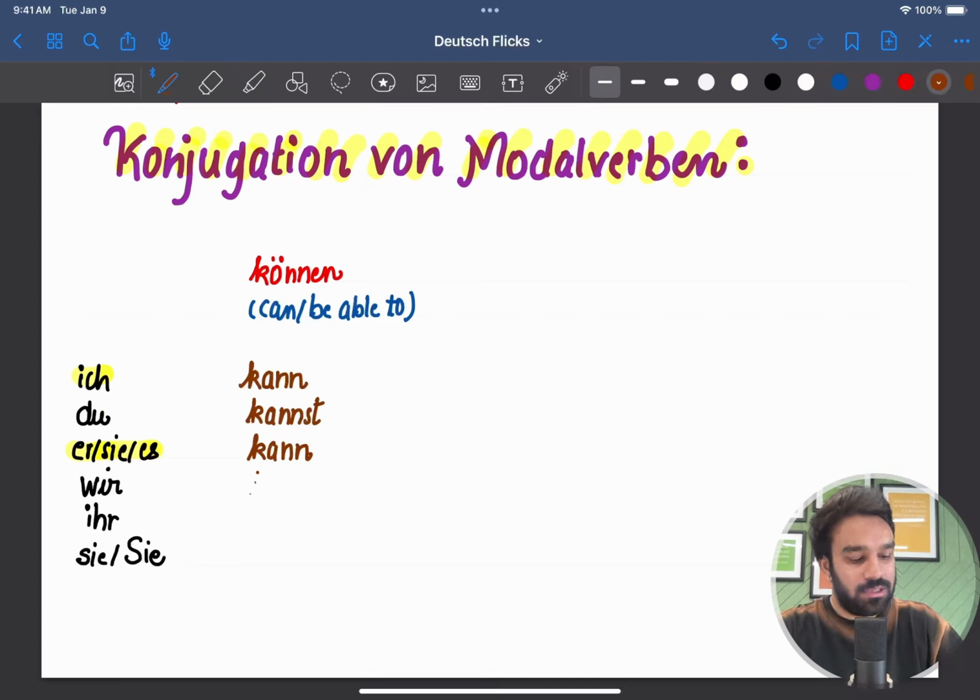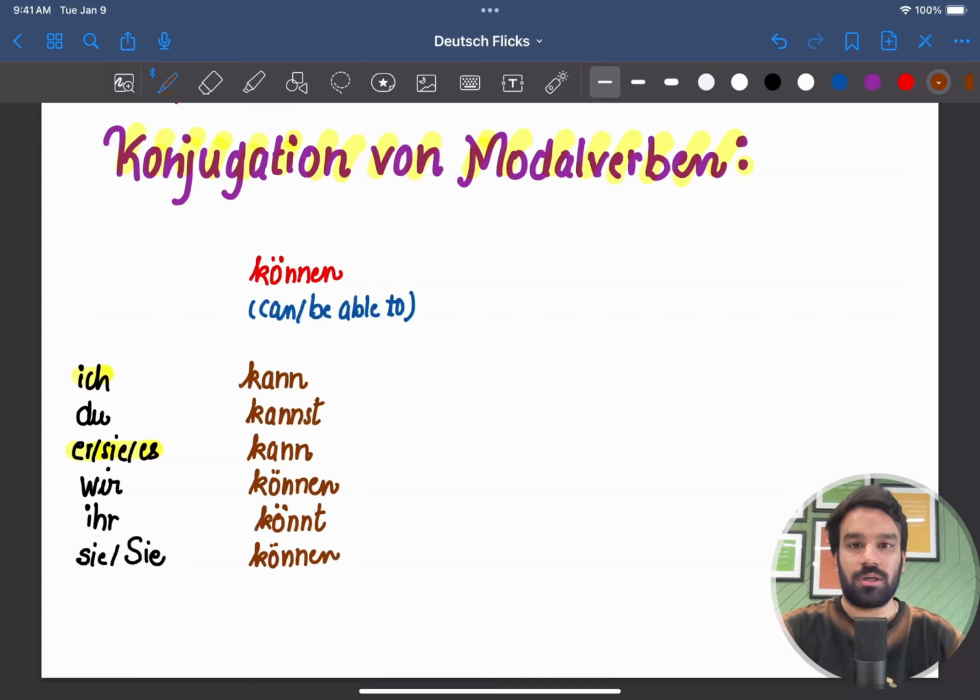So we'll just copy paste this können. Können. And with ihr, we'll take the root könn and end it with t. Könnt. Ich kann, du kannst, er kann, wir können, ihr könnt, sie können.